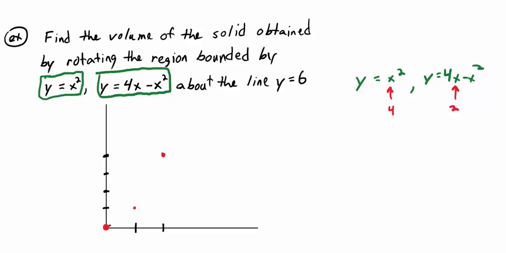So y equals x squared, something like that. It keeps going, right? And then y equals 4x minus x squared. If you think about it, you'll realize that the vertex, I think, is actually at 2, 4. And I think it goes down.